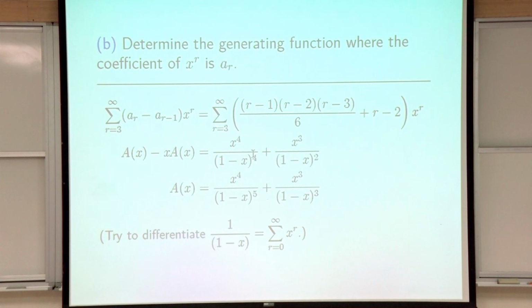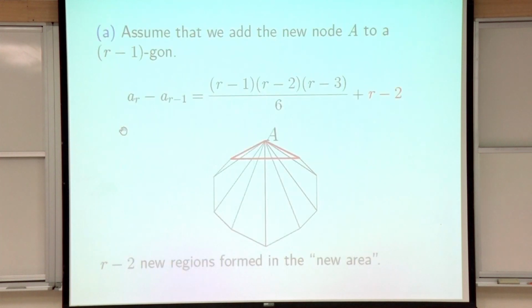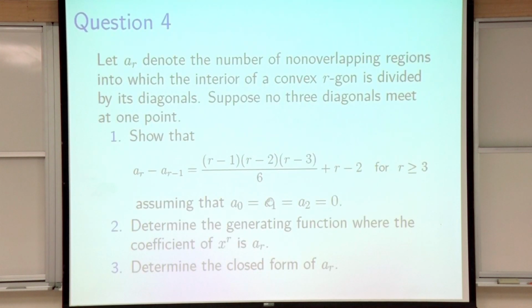So for part B, we want to determine a generating function where the coefficient of x to the power r is a_r. So we are using the old method here. And notice that by definition, the recurrence relation starts from r greater than or equal to 3.